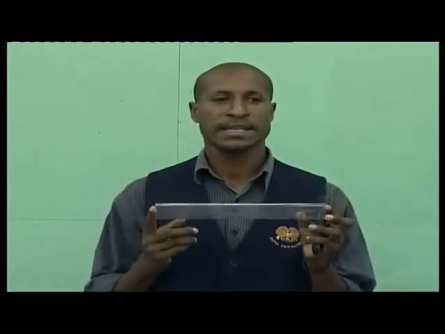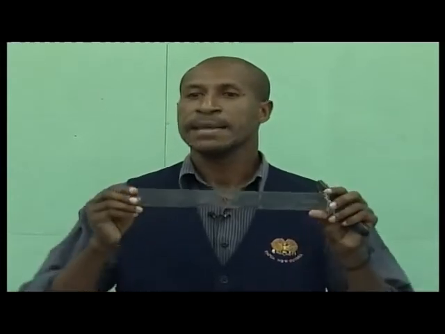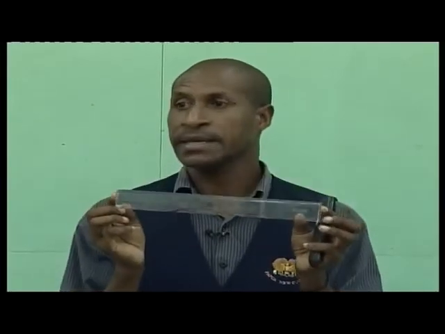Okay, Alan says 300 millimeters. Receiving students and sixes, I hope you have given the same answer, 300 millimeters. If you look at a 30 centimeter ruler, there are 300 millimeters in a 30 centimeter ruler.